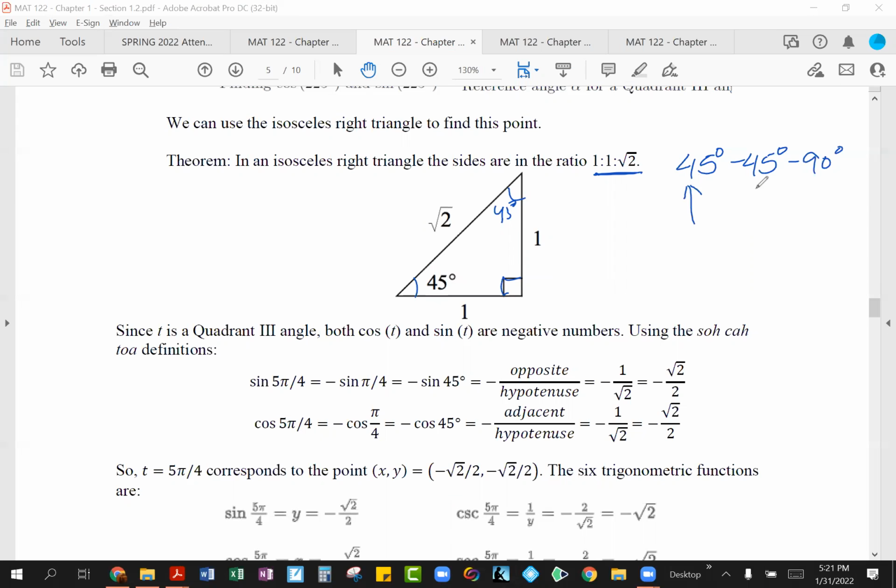So since these two angles are the same, then of course the two sides are going to be the same. So you will see from the opposite side of that 45-degree angle is where you have the 1 and 1 for your side measurements. And then the hypotenuse being the longest length is where the square root of 2 is. Remember, square root of 2 is approximately 1.4 something. So obviously that number is larger than the 1 and the 1. So that would be your 45-degree triangle.